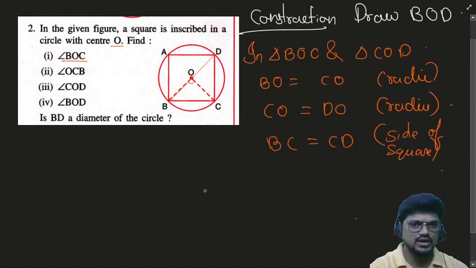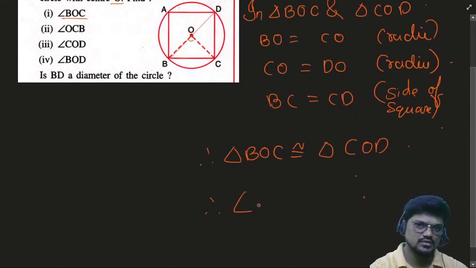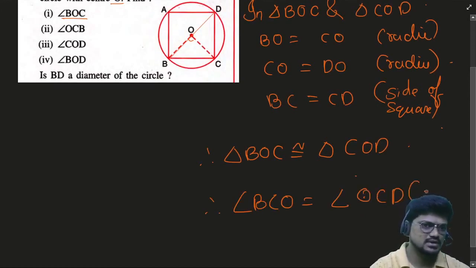Therefore I can say triangle BOC is congruent to triangle COD, right? Therefore I can say that angle BCO is equal to angle OCD. Why? By CPCT, right?